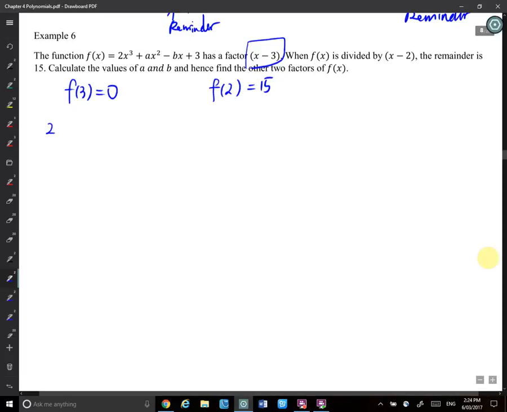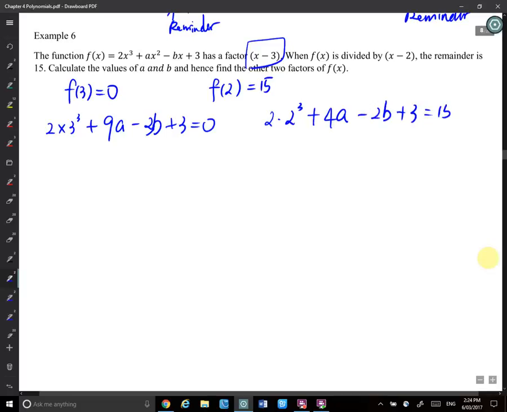So f(3) is 2 times 3 cubed plus 4a minus 3. I sub 3 in, so that's 9a minus 3b plus 3 equals to 0. And I have this one, sub 2 in. So it's 2 times 2 cubed plus 2 times 2 is 4, plus 4a minus 2b plus 3 equals to 15.